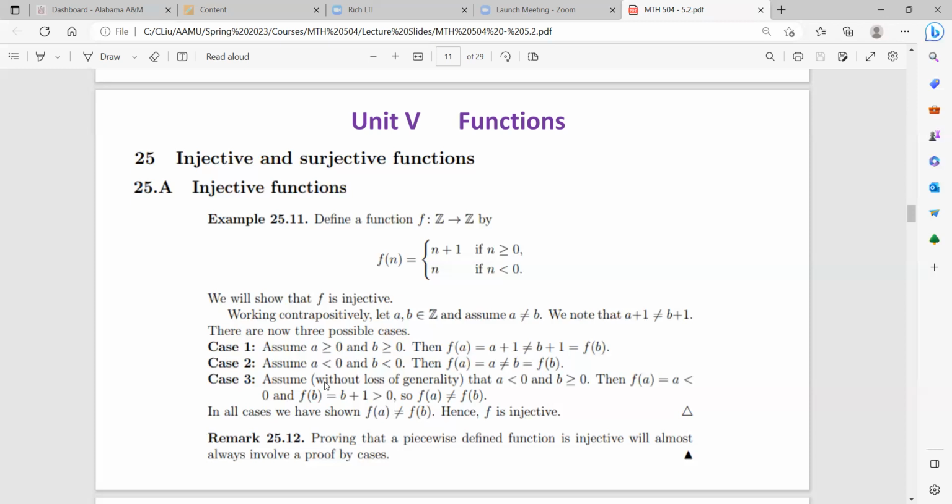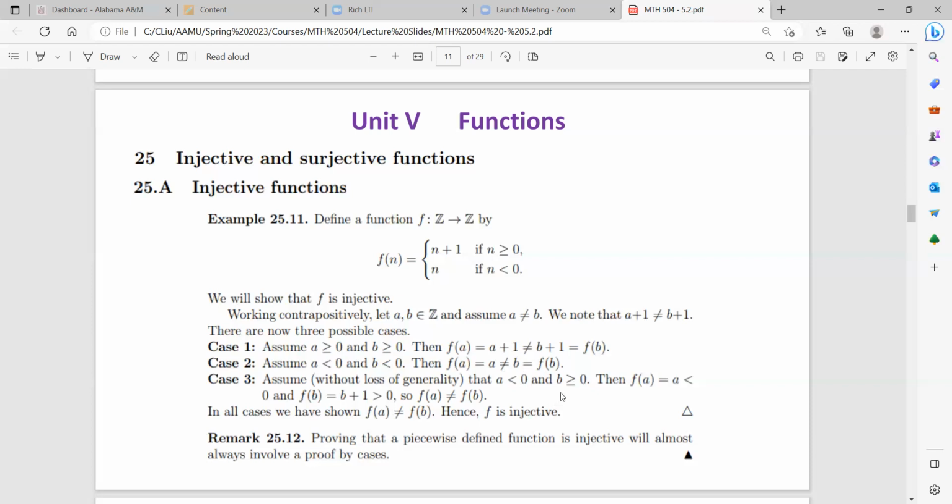The third case is when one is negative and the other is non-negative. We only need to prove, for example, when A is negative and B is non-negative, and the other case of B negative and A non-negative is pretty much the same. So let's just assume A is negative and B is non-negative.